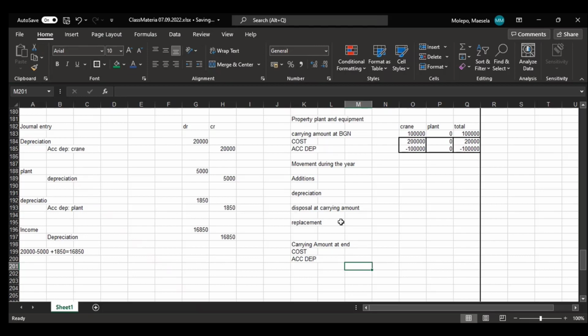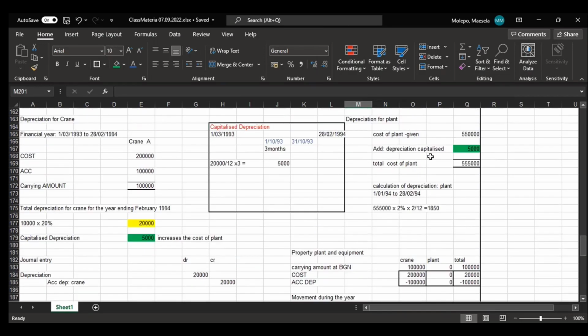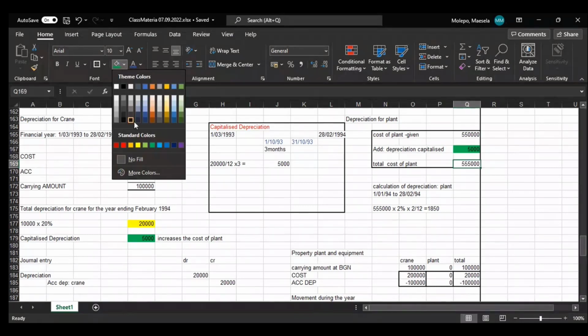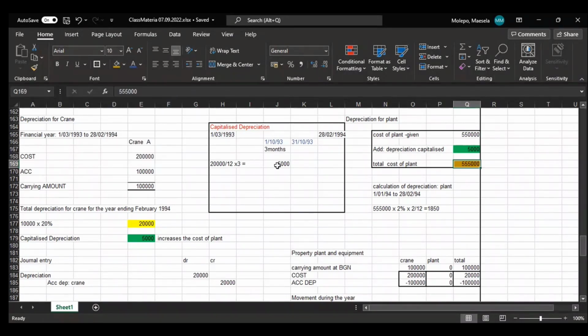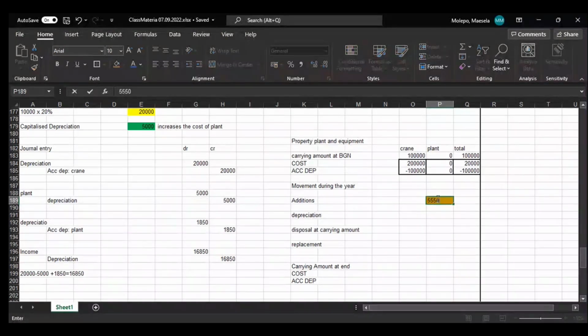The additions that we have is the new plant. You remember it, right? This new plant must come as an addition. So we're going to say our addition, we put a new plant of how much? Of 555,000.